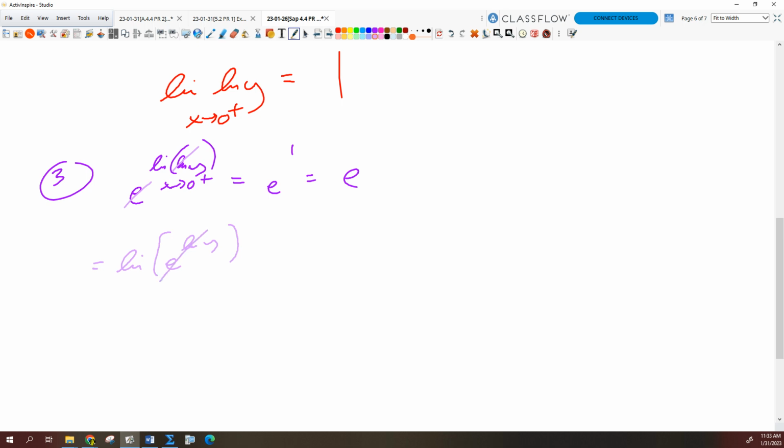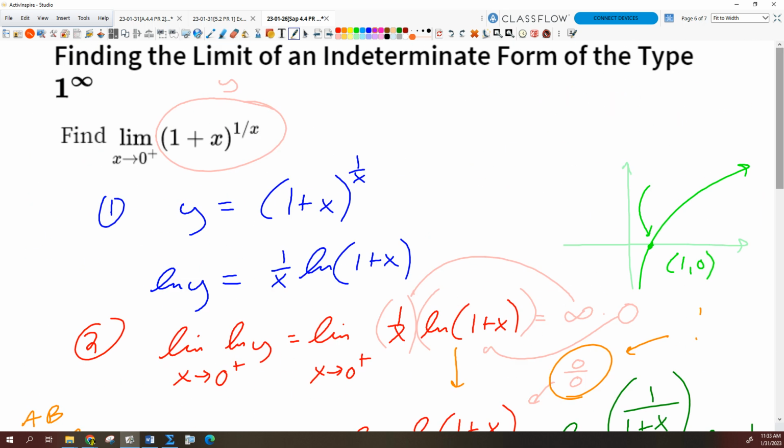And so that undoes the log, right? And we end up with y is equal to e. Okay? And what's y? Well, y is our answer. We called this whole thing y. So that's our answer. That limit is equal to e. Okay? Those are tricky. They're tricky.